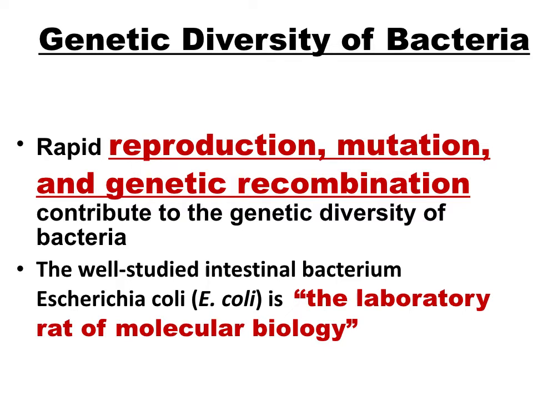And scientists have used that fact to study lots of basic cellular functions by looking at bacteria, right? A lot of what we know about how our own bodies work comes from the study of E. coli, which is a model organism in labs and has been for a very long time, right?